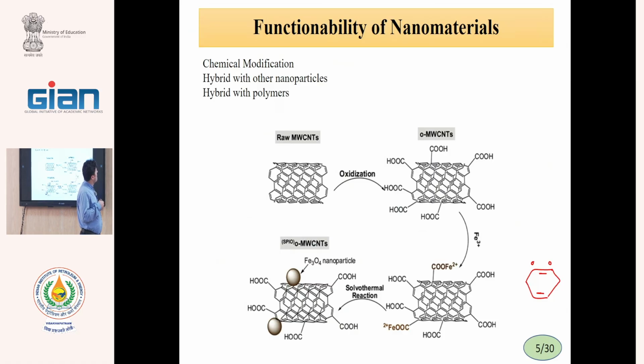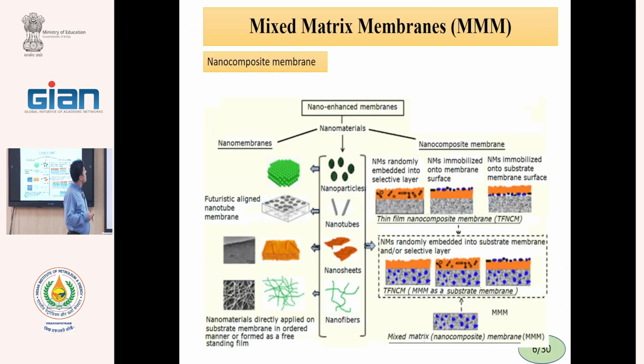Therefore, the nanomaterials can be easily modified, easily coupled with other nanoparticles, and hybridized with polymers. For example, we can coat the surface of the nanomaterials with a polymer, or we can graft some monomers on the surface of the nanoparticles.